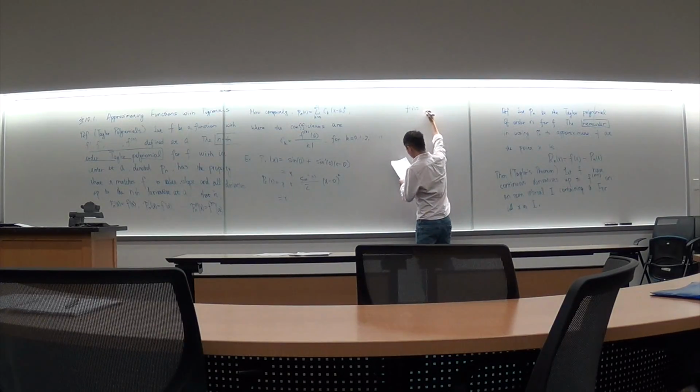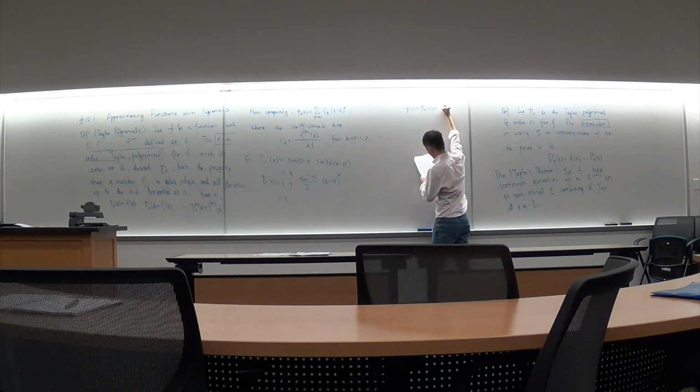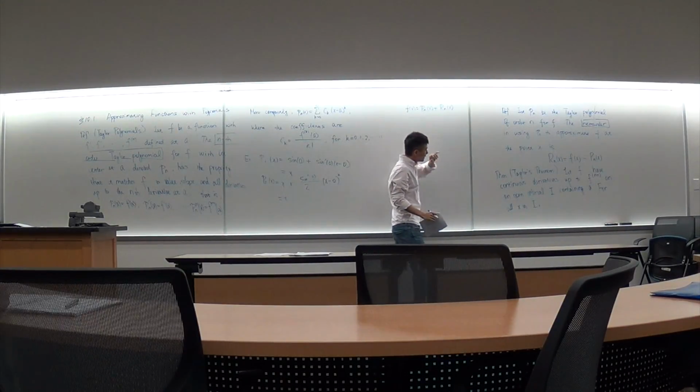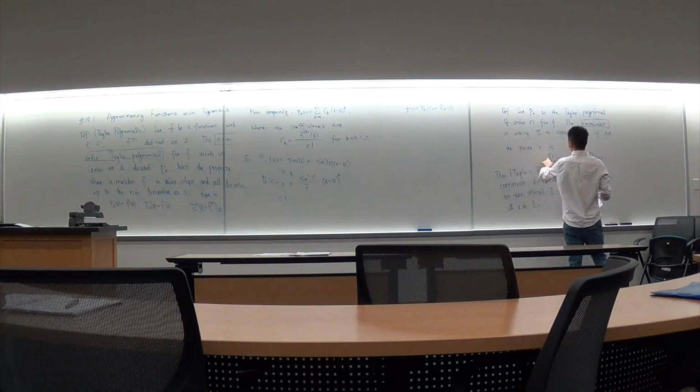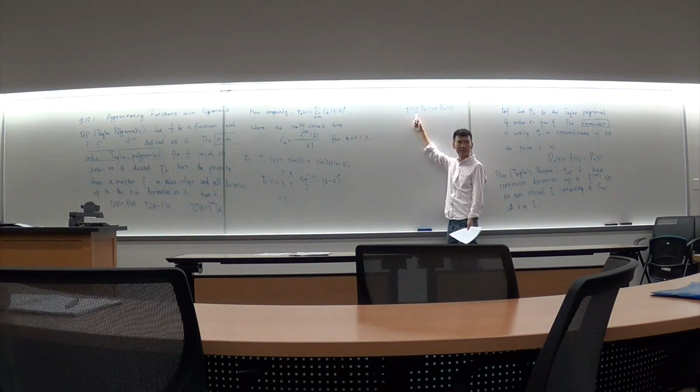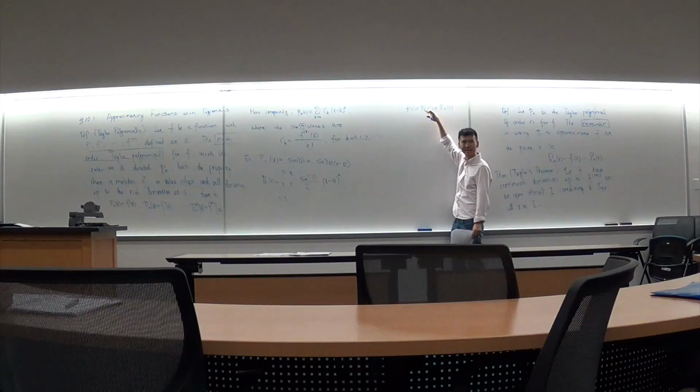f of x is equal to p sub n of x plus r sub n of x. This is obvious by the definition of this remainder. We're using this p sub n to approximate this f, but without the remainder we can only say this is approximately equal to that.